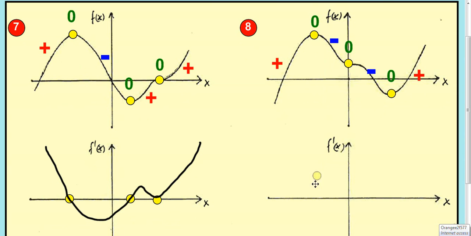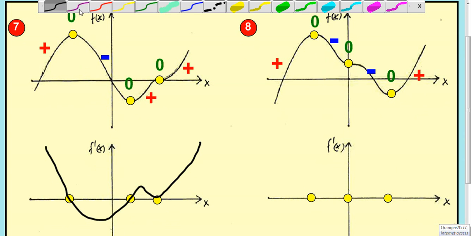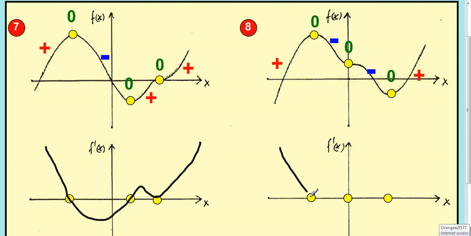So mark your stationary points in as 0. And the last one. And then we'll sketch our derived function. So we're starting off positive, so stay above the line. Between here and here we're negative, and then negative again. So I need to stay below the line, and then stay below the x-axis. And the last bit, positive, so above the x-axis.